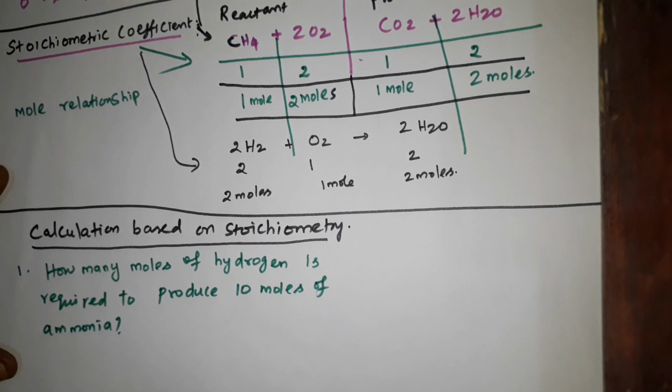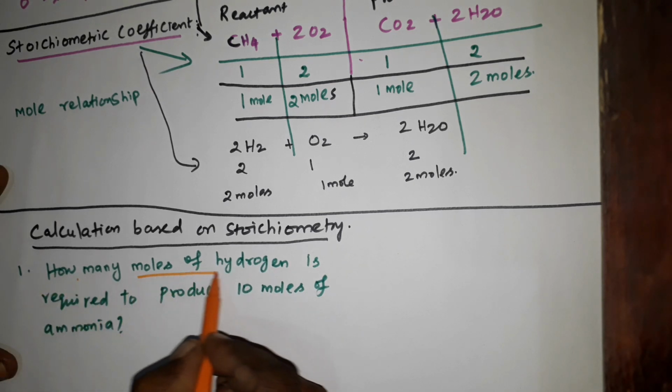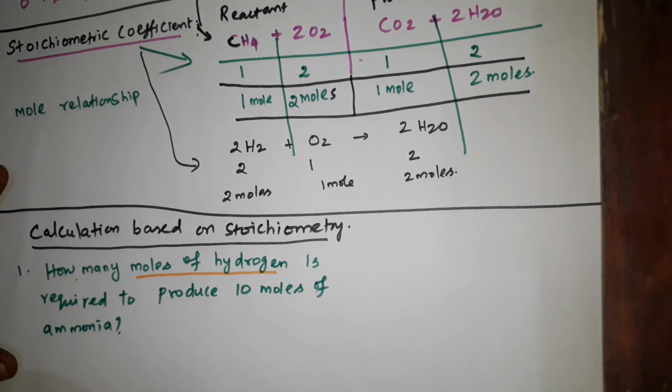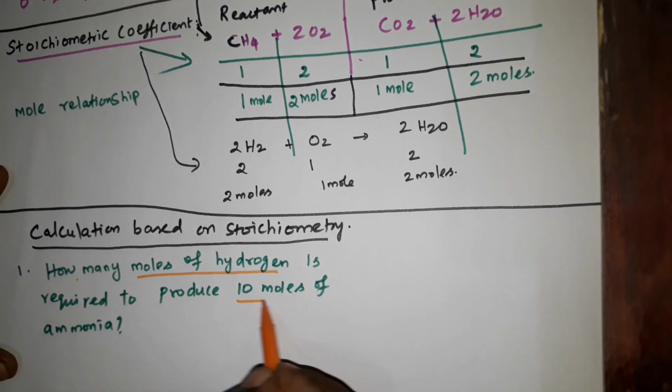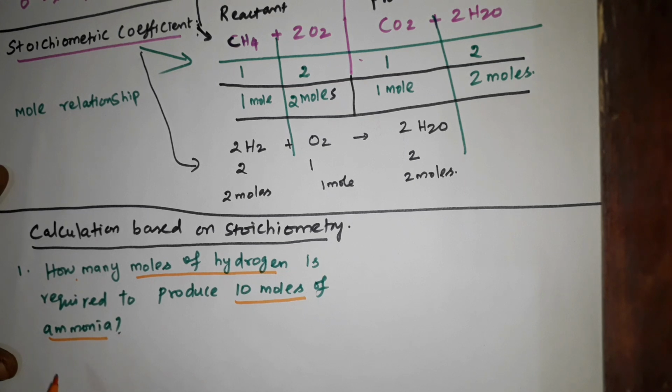See the question. How many moles of hydrogen? So we are going to calculate the number of moles of hydrogen required to produce 10 moles of ammonia. So this ammonia will be produced from hydrogen.